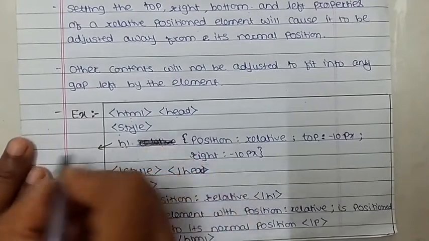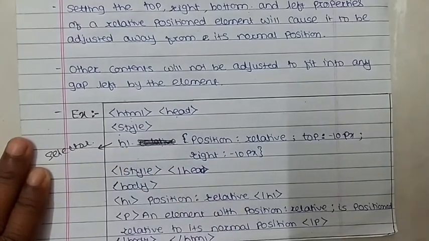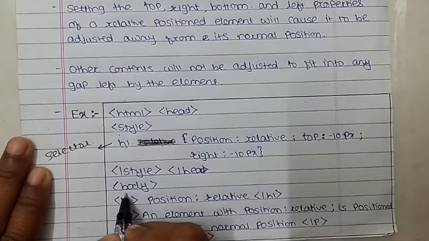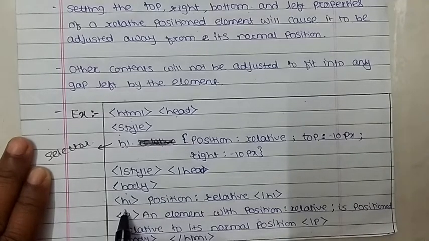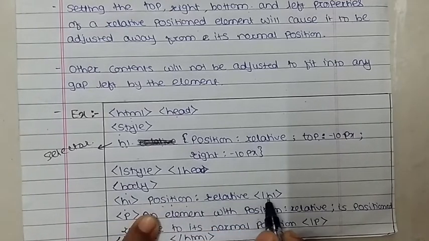This is the selector. Then close the style and close the head section. Then open your body tag, then open your h1 tag. For the h1 tag, position is relative. I want to print this text with the help of h1, and then close h1.